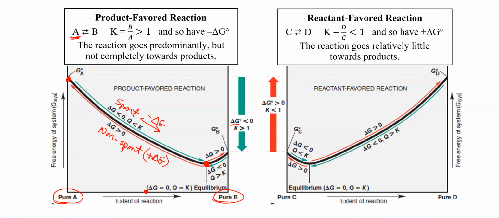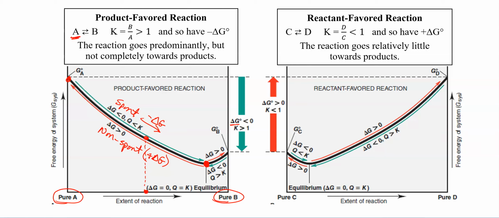That's when you're at standard conditions, so this would be the delta G naught. Your delta G here is telling you whether you're spontaneous at those conditions.